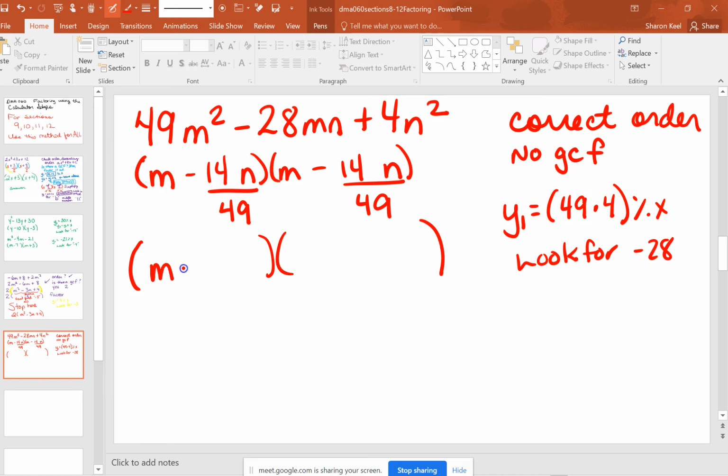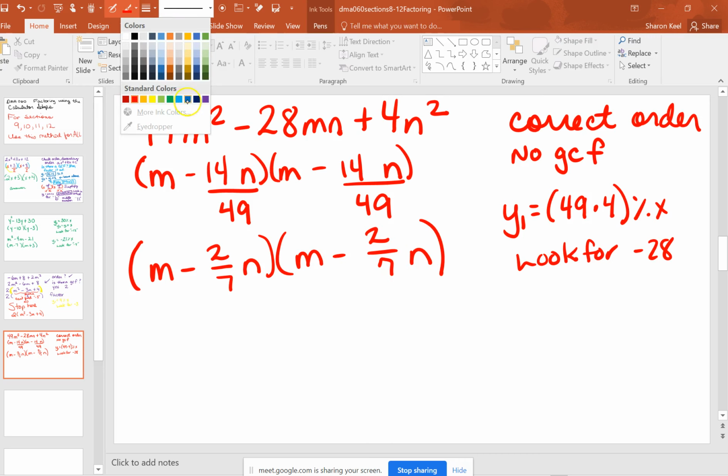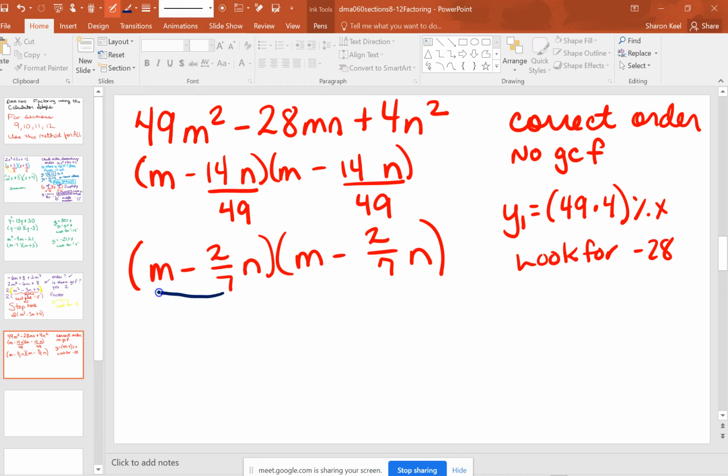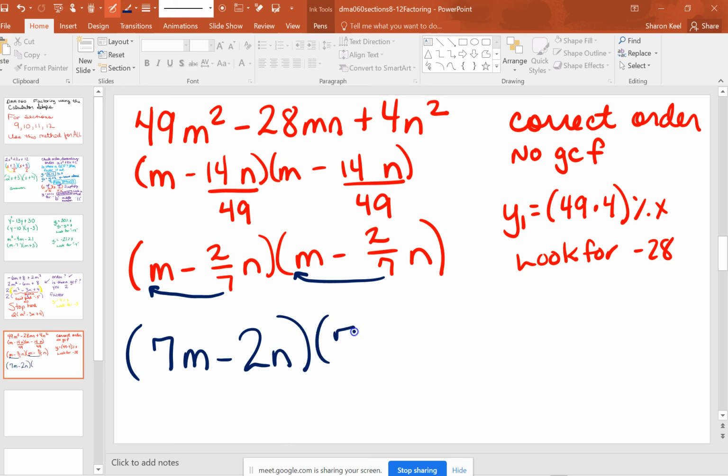So we have m minus 2/7 n, m minus 2/7 n. We only have one last step to go. It's reduced, but I need to do this bottoms up and move the denominator up in front. So that's going to be 7m minus 2n. But they're both the same. You could write it once and put squared, or you can write it 2 times.